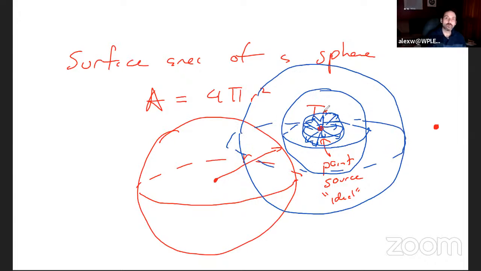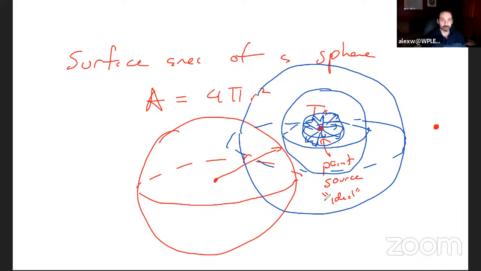Let's say my point source produces a signal, and assume the energy produced by the point source is uniformly distributed, that's why it's a point source, across the entire surface of that sphere. Then it begins emanating outwards with increasing radius.